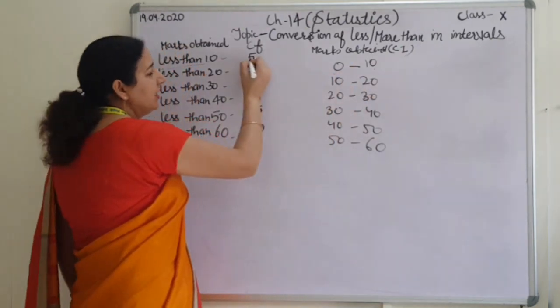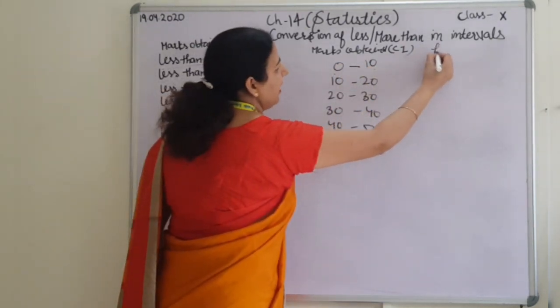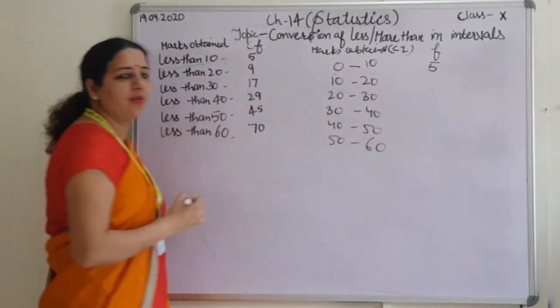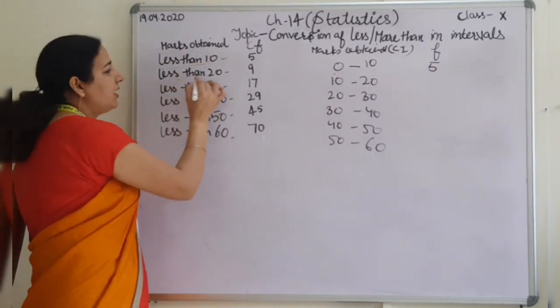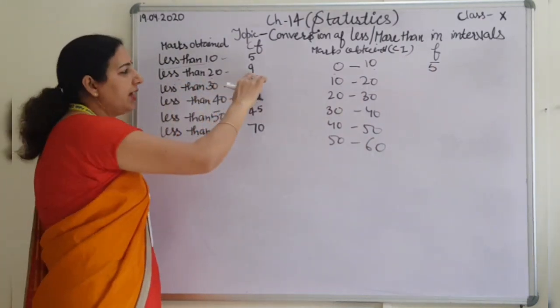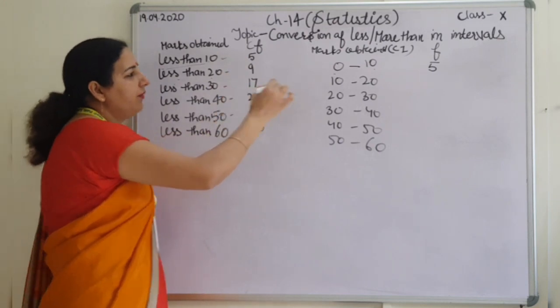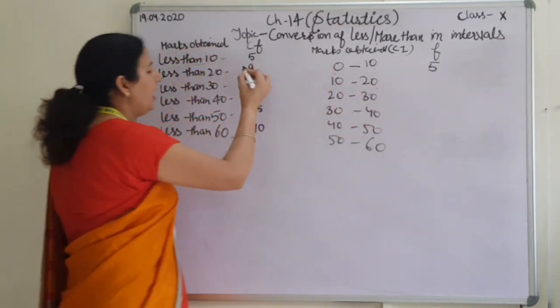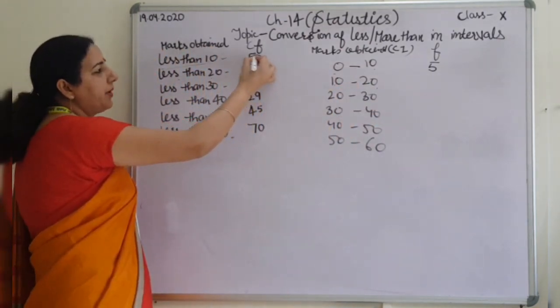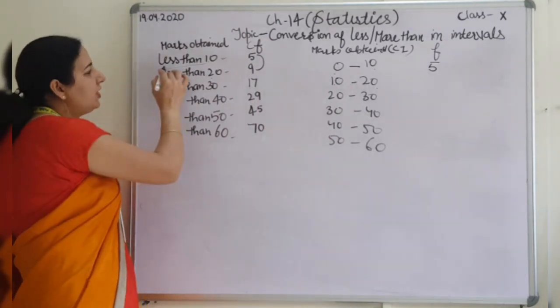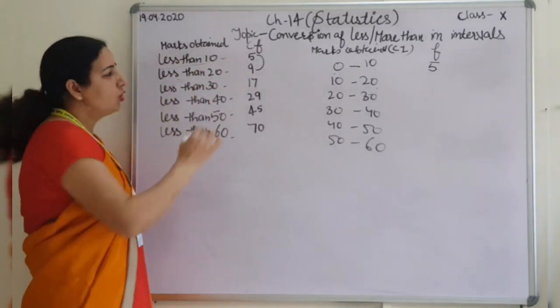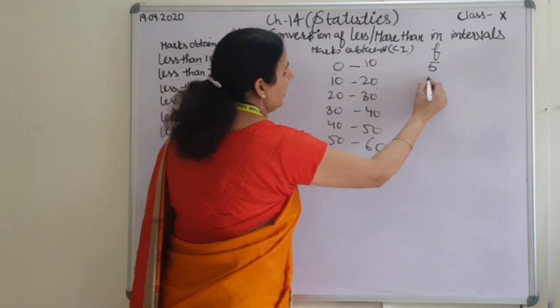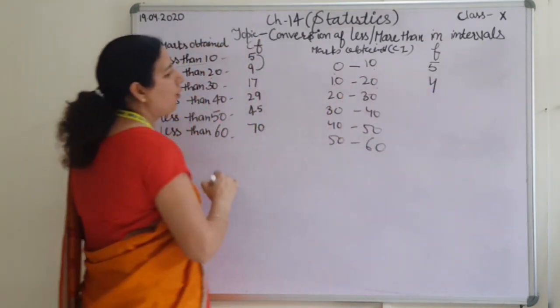So how will we calculate? For 0 to 10, this first number will remain the same. It will be 5. Next is less than 20. They have written here 9, but we have written here 10 to 20. So you have to subtract the number of less than 10. So 9 minus 5 is 4.